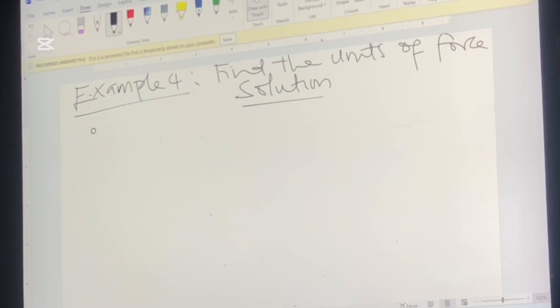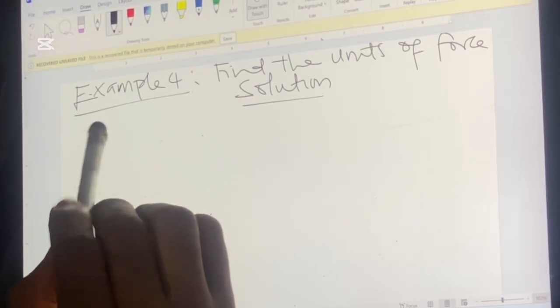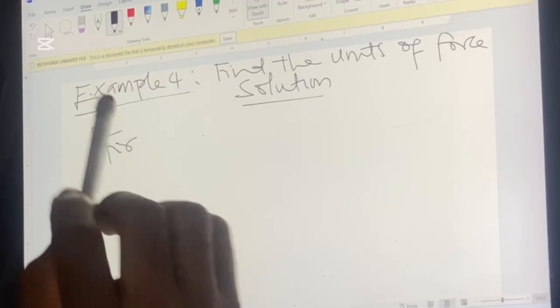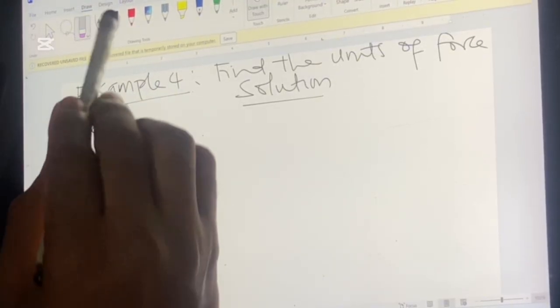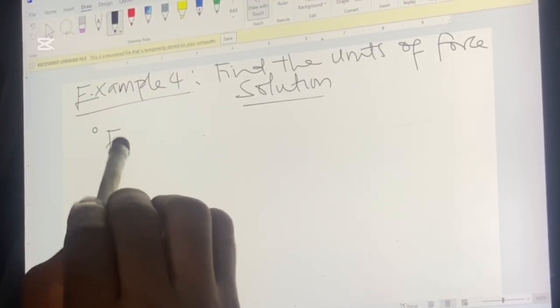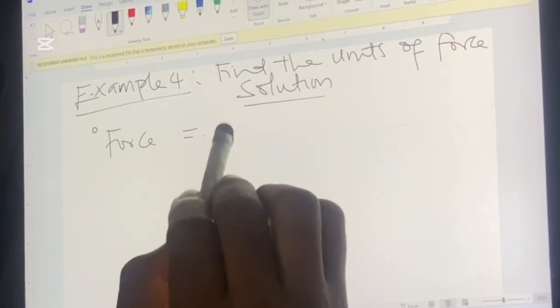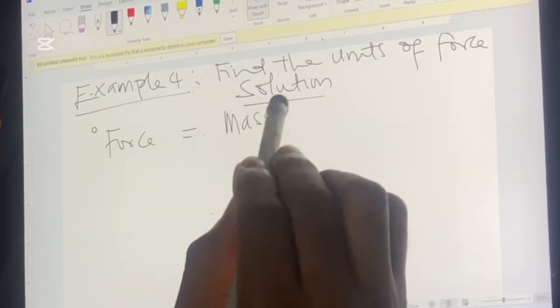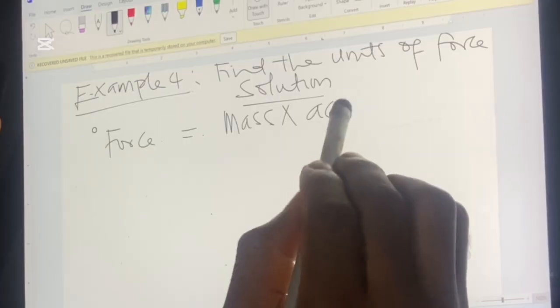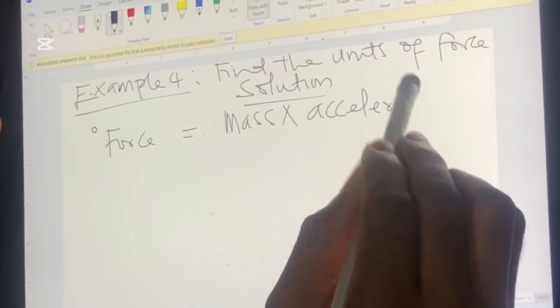Okay, so let's write down the formula for force. The formula for force is equal to mass times acceleration. Please take note.